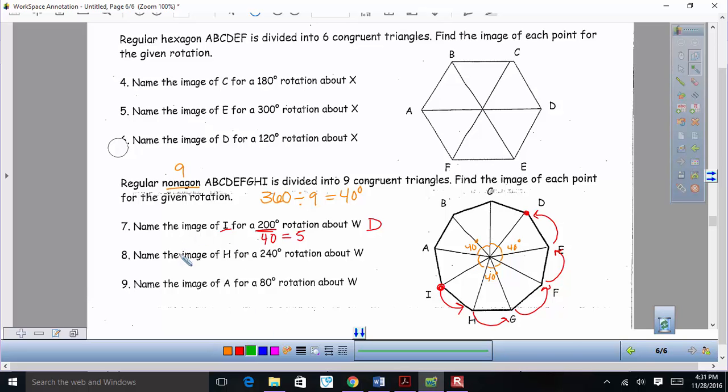Okay, now let's look at H. So we start at H. They want us to rotate it 240 degrees about W. And W you have labeled is this point right here. So I'm going to take 240, divide it by 40 so I know how many hops I need. That's going to give me 6.